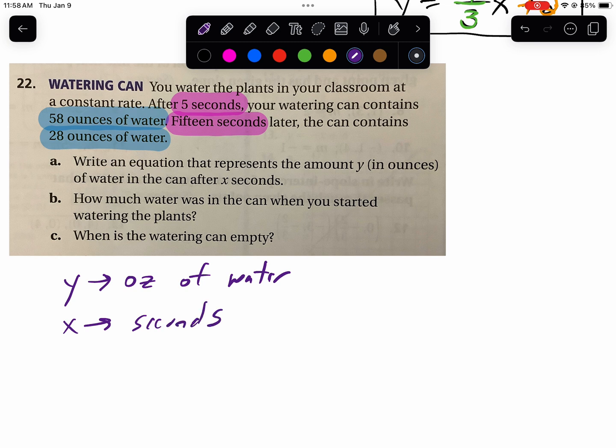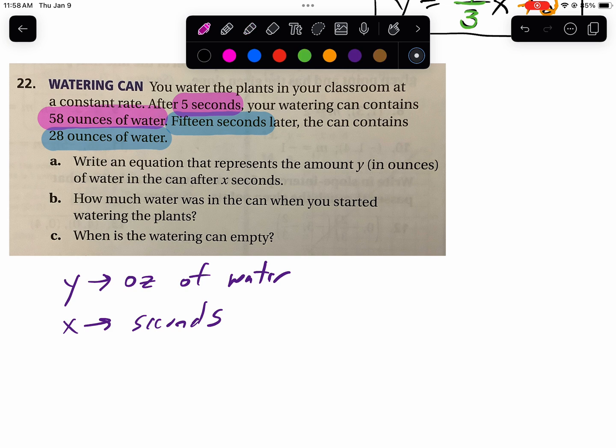Okay, well, x and y, so actually really what we're being given here is points, right? So we're being given at 5 seconds, we have 58 ounces of water. At 15 seconds, 28 ounces of water.